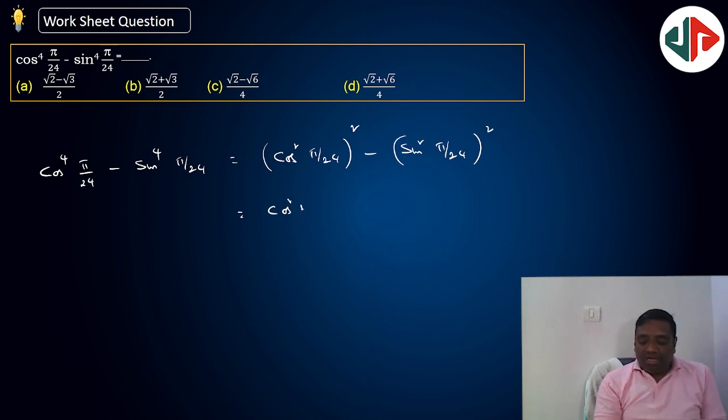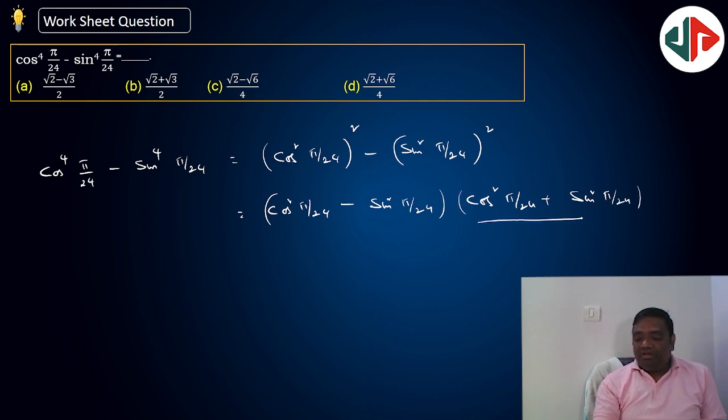A square minus B square means A minus B into A plus B. So this value is always equal to 1, identity.